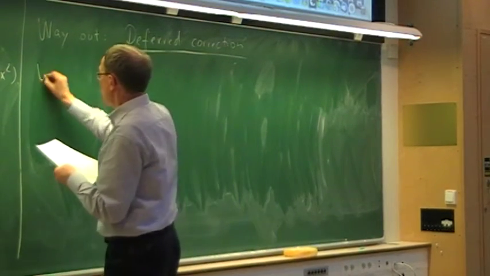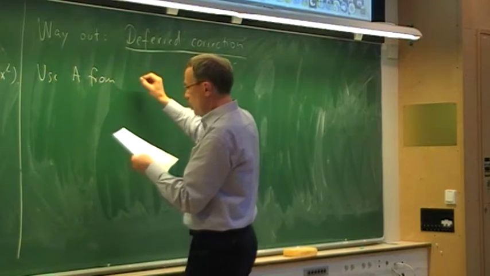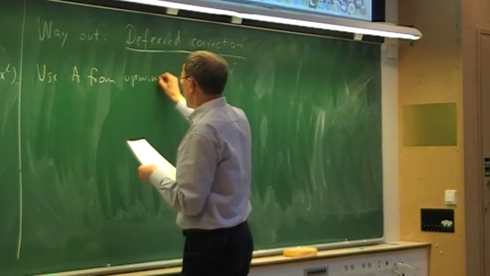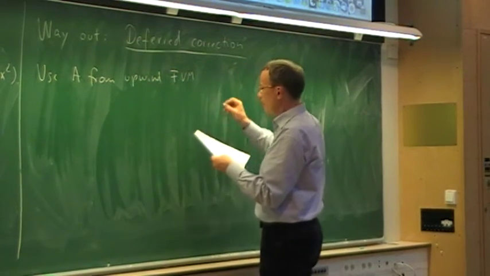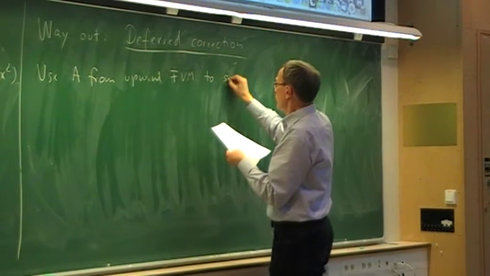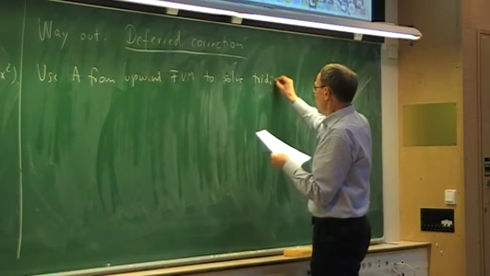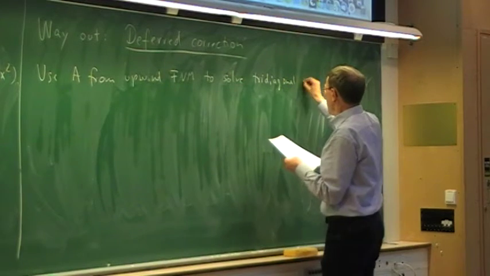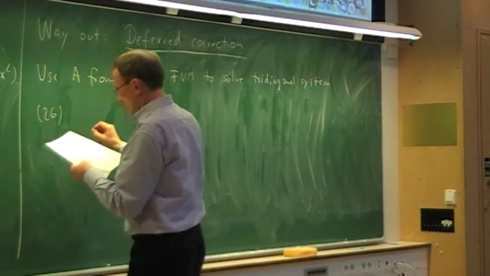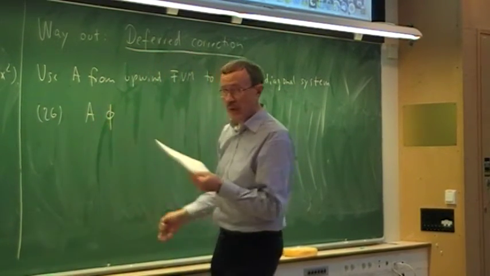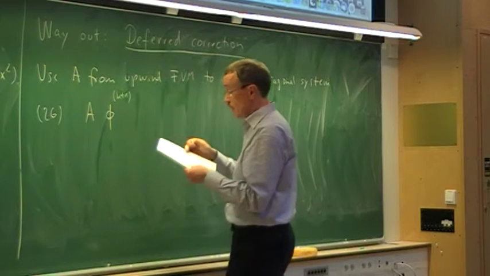So in that case, we can do it the following way. You use the A that we have derived before from the upwind finite volume method for the convective fluxes and the central finite volume method for the diffusive fluxes to solve now the tridiagonal system of the following kind. That is the trick. We solve this matrix that we also had before, the A, but now the price is we have to do iterations.